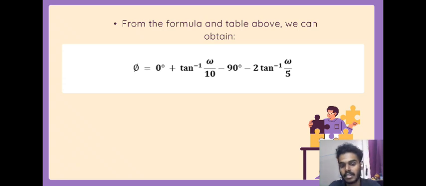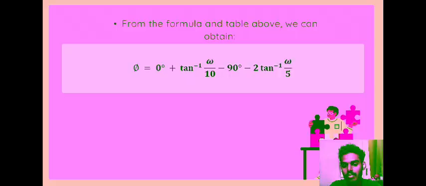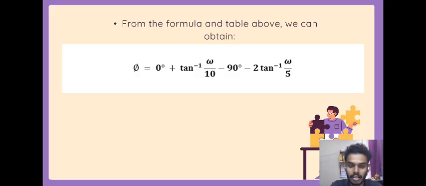Then the tangent inverse of omega over 10 is our zero's positive contribution. The negative 90 degrees is the fixed pole at the origin. And lastly, the negative 2 tangent inverse of omega over 5 is our double pole's amplified effect. This equation allows us to calculate the exact phase at any frequency.